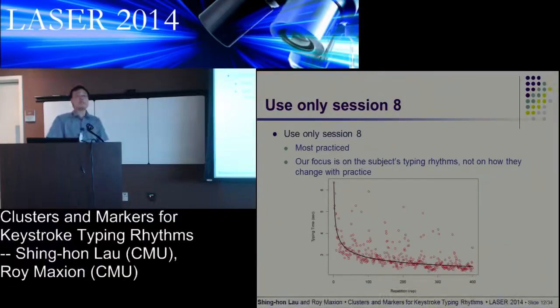So you have many different curves for many different subjects, and where they start is almost random in a way. That makes it very hard to identify structure in the data, because you haven't yet let everybody get to the point where they're practiced and have settled into a particular typing rhythm. The goal here is to cluster those finalized typing rhythms and not the changes that are going on.